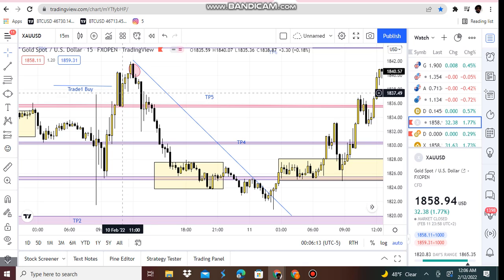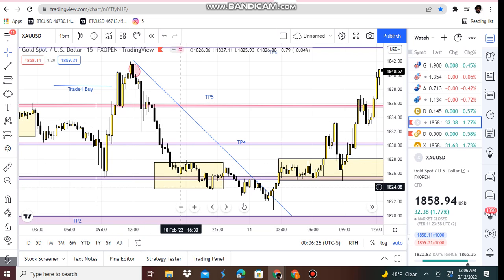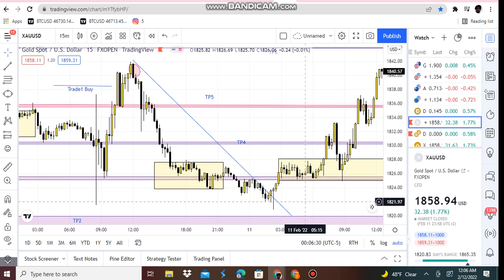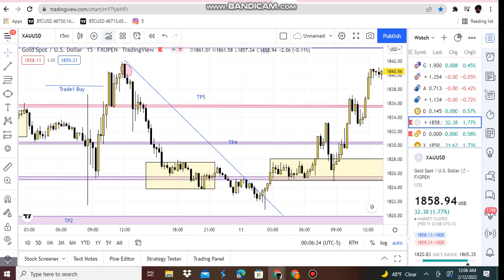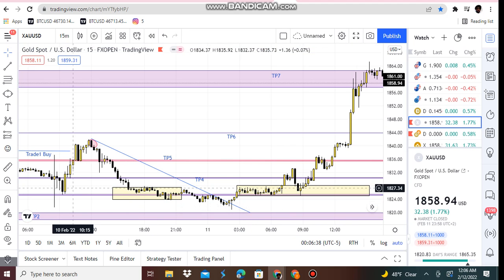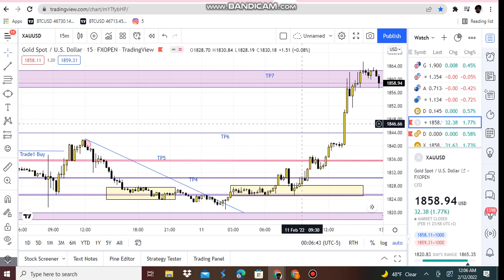You can risk only a small amount, a 0.10 or 0.20 lot size, or even 0.05. Test it with a 0.1 lot size to see what direction price is going in. We see price retracing back down before heading back up, making higher highs and higher lows, all the way up to take profit 7.